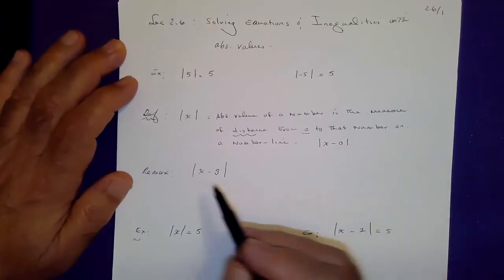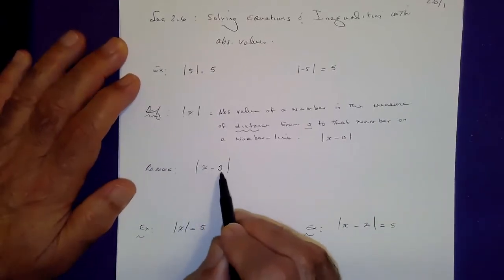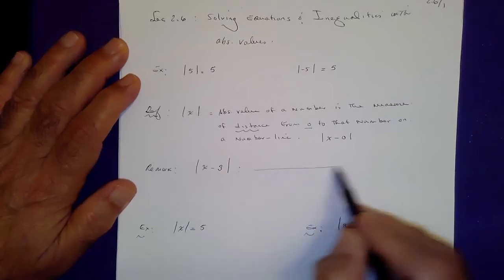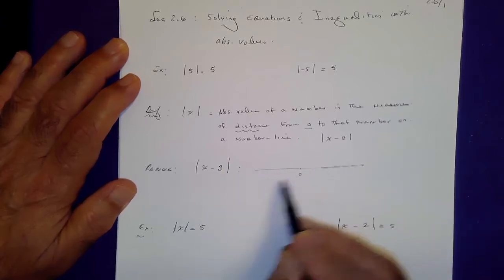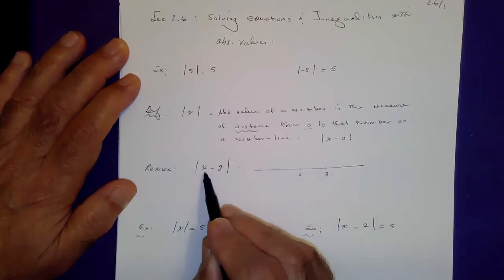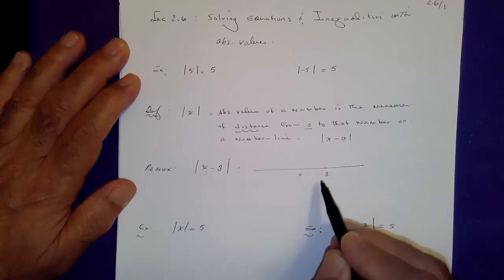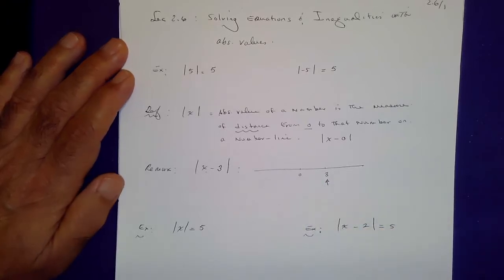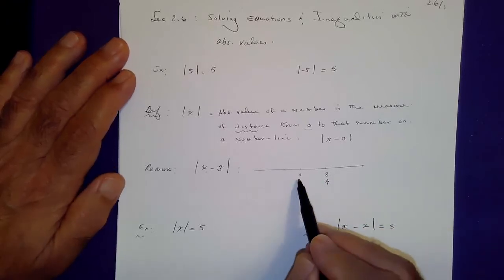On the other hand, absolute value of x minus 3 is the measure of the distance from not 0 but 3 to that number x on a number line. So the starting point for this one is positive 3 as opposed to 0.